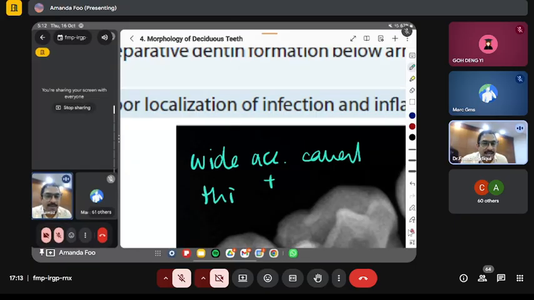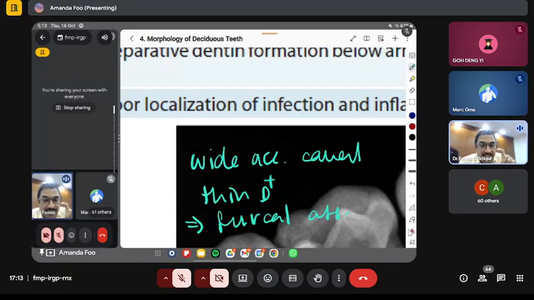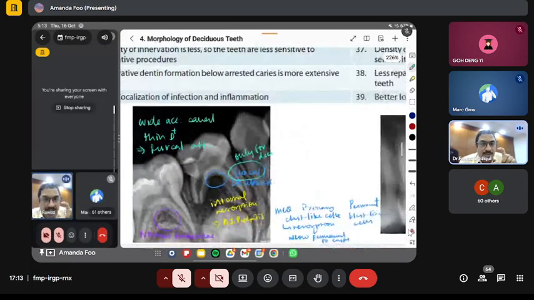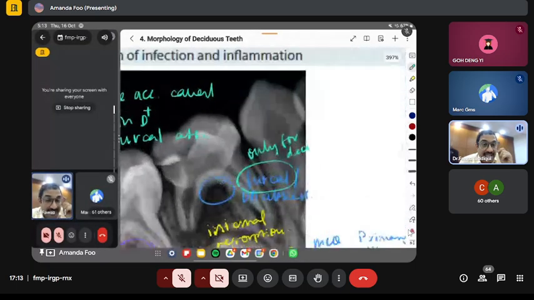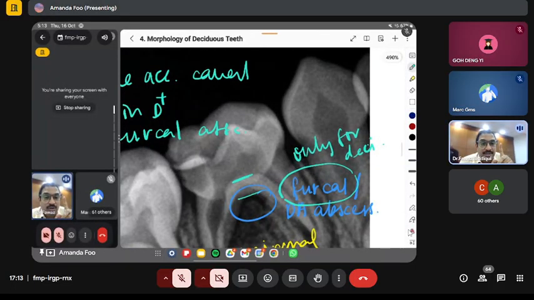In permanent, the distance between the pulpal floor and the furcation area is very thick. So even the widest of your accessory canals cannot travel so fast. By that time, the infection will travel through the root into the periapical area.